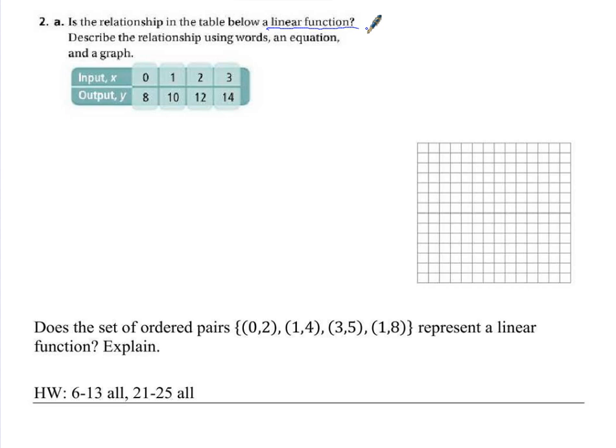Words? Okay. So in words, notice the pattern here. How much are we going up by with our inputs? 1 each time. What's happening to our outputs as we change? We're going up by 2. So, in words, for every additional input, what happens to the outputs?